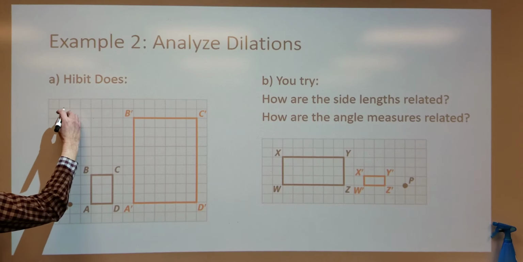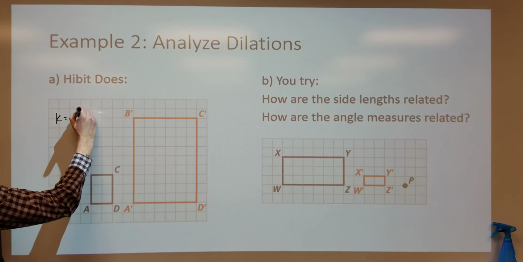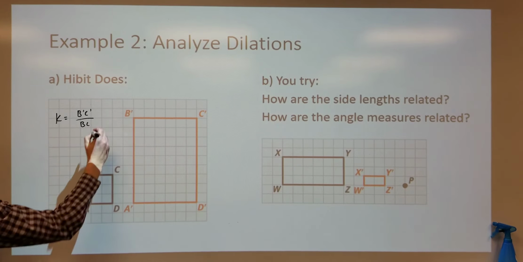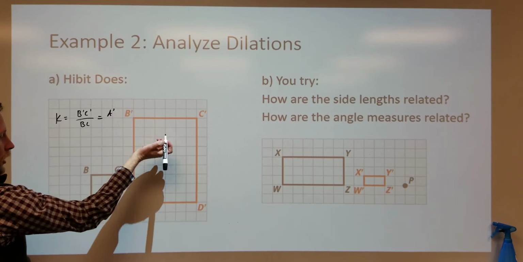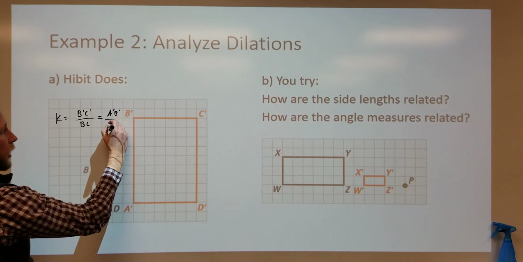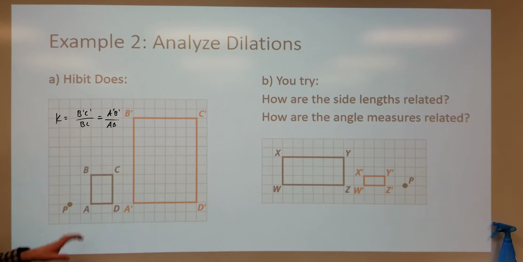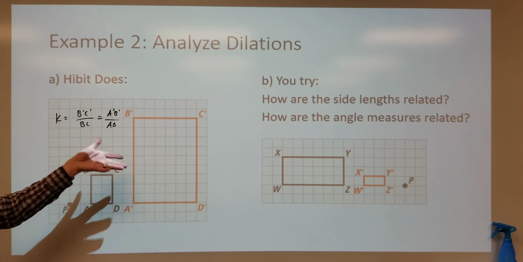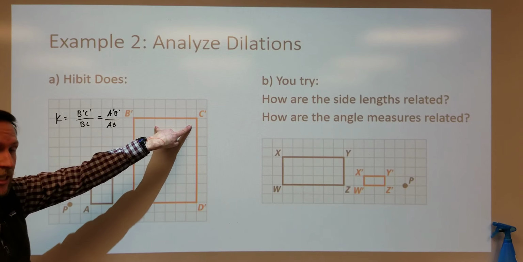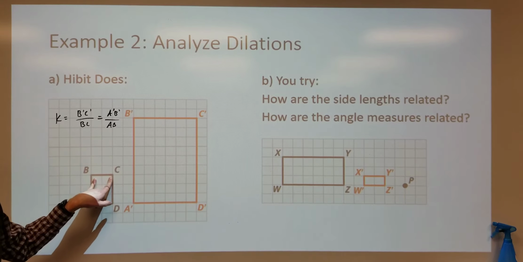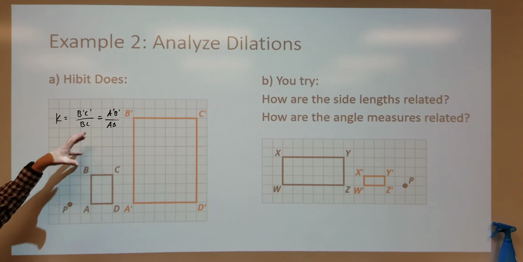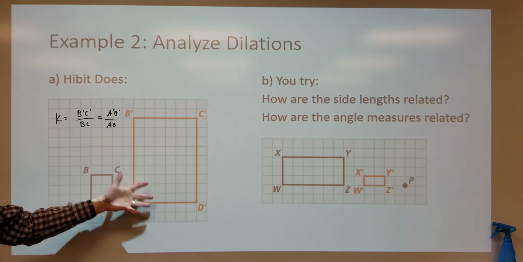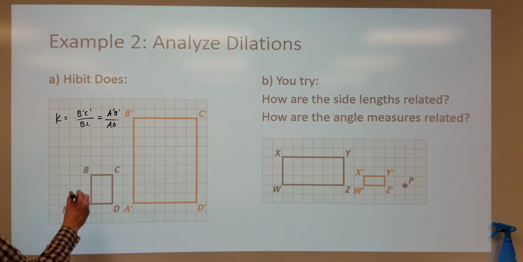When we're finding our scale factor, we are going to compare the lengths of corresponding sides. All right? What we should note is that segment A prime B prime's length divided by segment AB's length is going to be the same ratio, the same scale factor, as B prime C prime's length divided by BC's length. It doesn't matter which one we use, but here, because we're on a coordinate plane or quad rule paper, I can count that out.